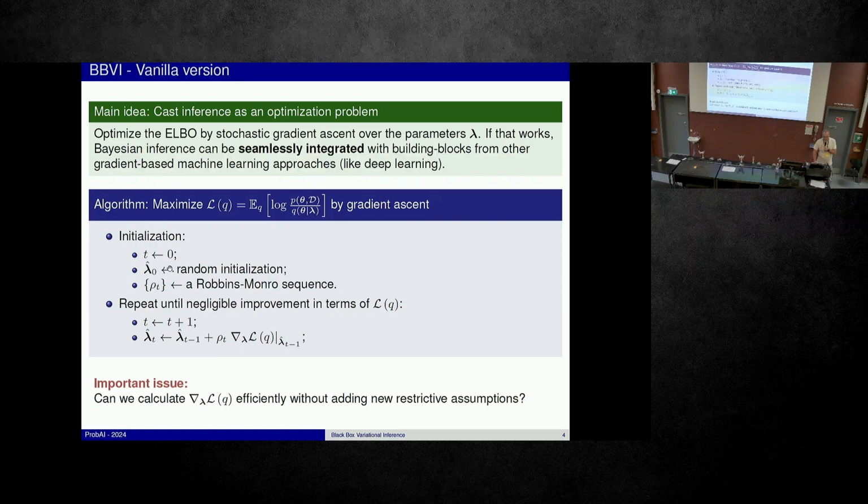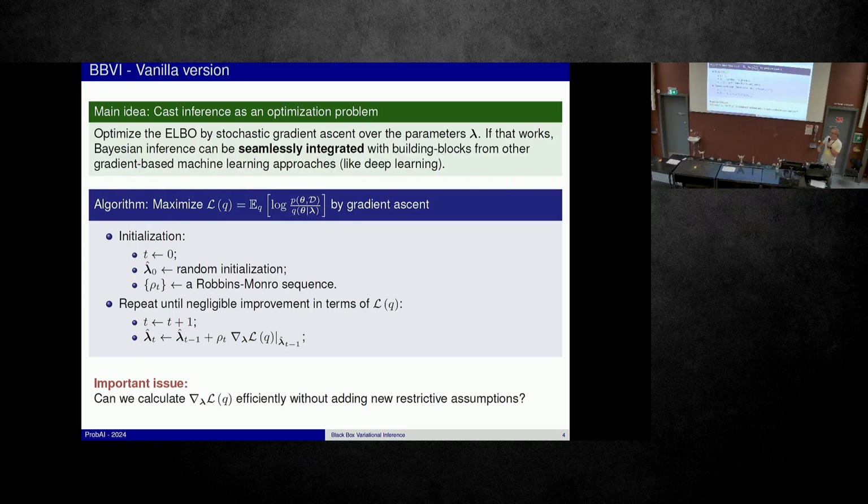Start somewhere with parameters lambda, have some sequence of learning rates, and just move along until we find parameters that we like. We are still optimizing these lambdas, so that means the indexing into the set of possible approximation candidates. You remember we have this set Q, and then we have this lambda to index into that.